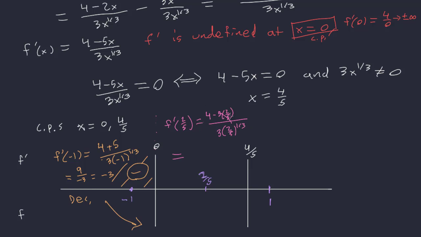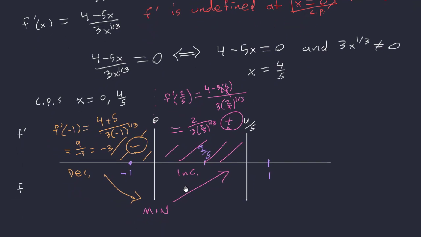So specifically, this is 4 minus 2 up top, so it's 2 over 3 times 2/5 to the 1/3. I don't care what this is. This is a positive over positive, so it's positive. So this means that our original function is increasing on this region. So that means we have a minimum here at 0.